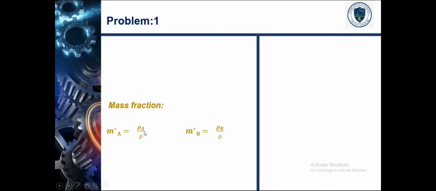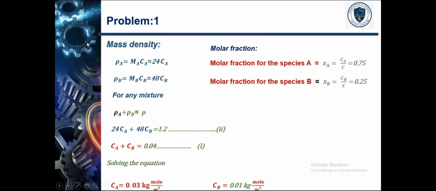Once again, the rho value is given in the problem itself, that is 1.2, but we don't know rho A and rho B. So how to calculate rho A and rho B, the mass concentration of species A and of species B? They are evaluated using the previous relationship, that is rho A is equal to 24 times Ca, rho B is equal to 48 times Cb.